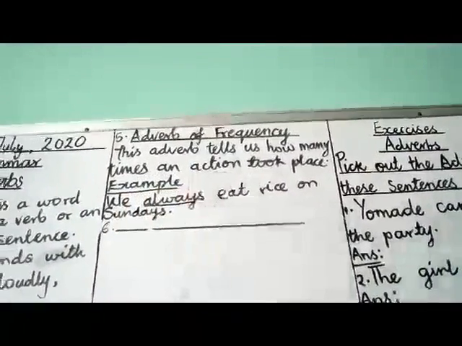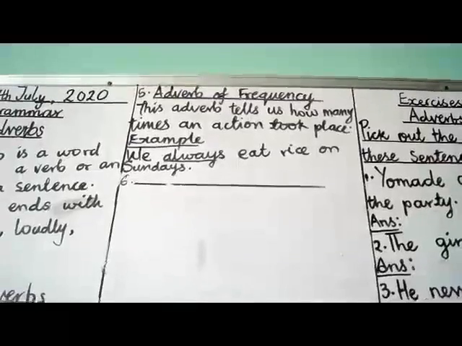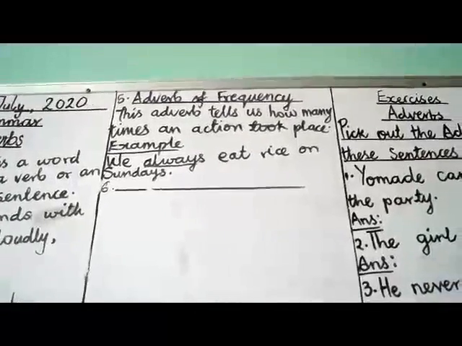Now, always in this sentence tells us the frequency. How often do we eat rice? We always eat rice on Sundays.